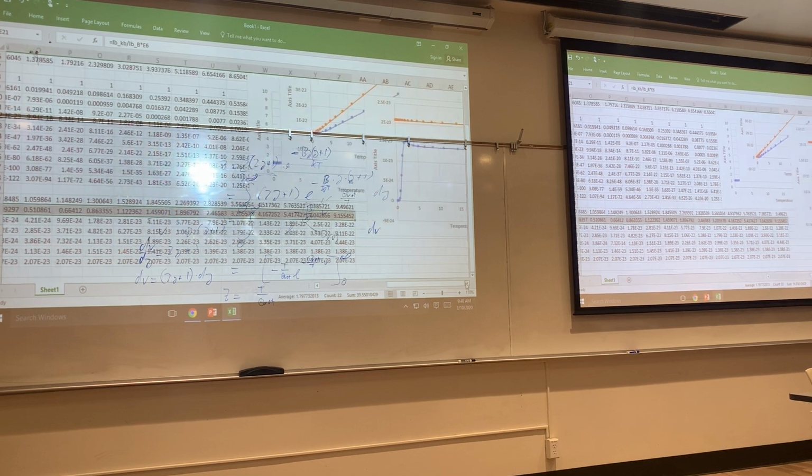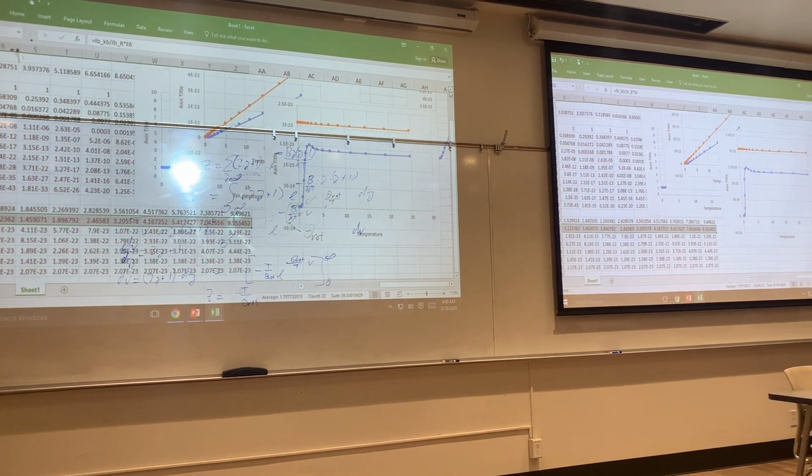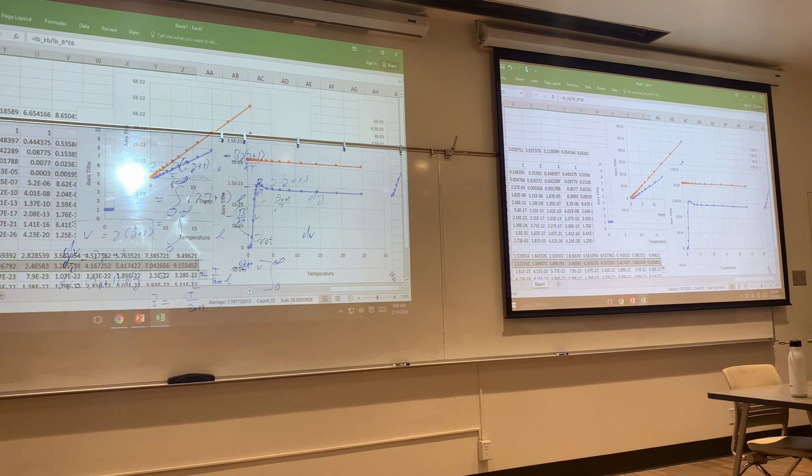So let's see how good this approximation really is.